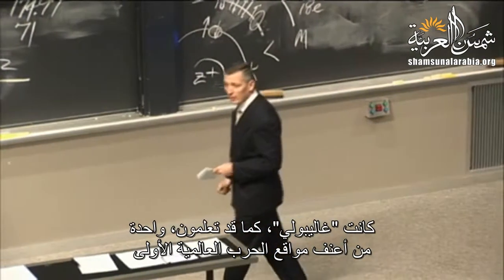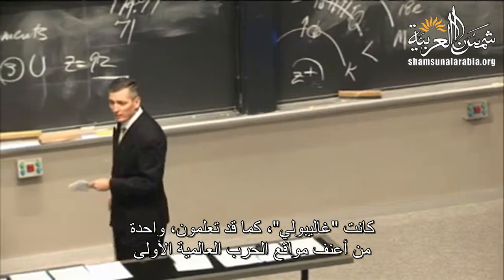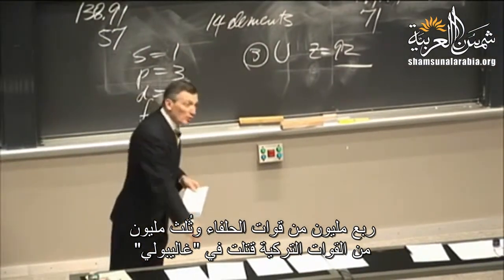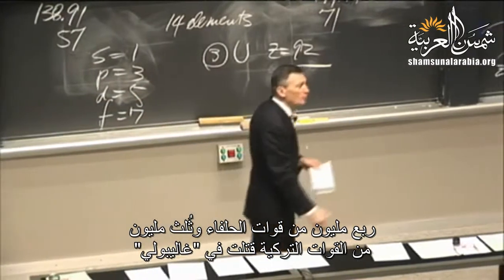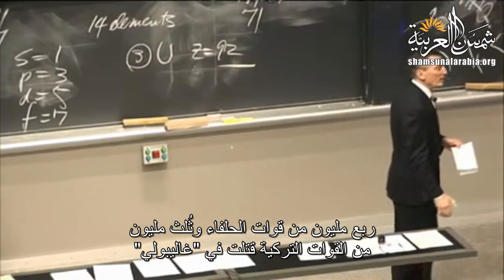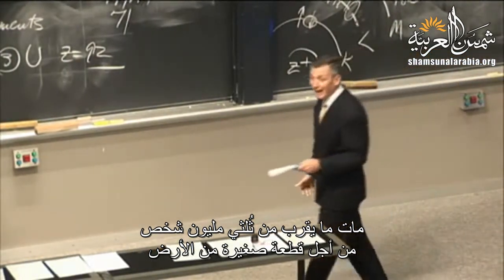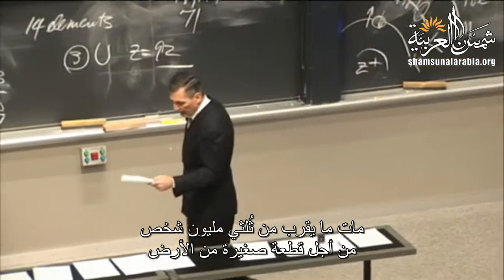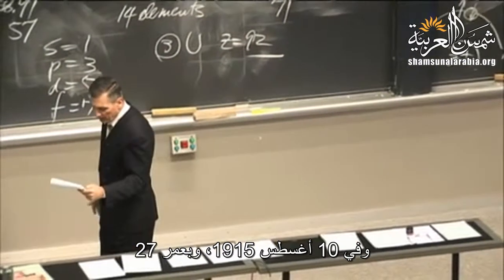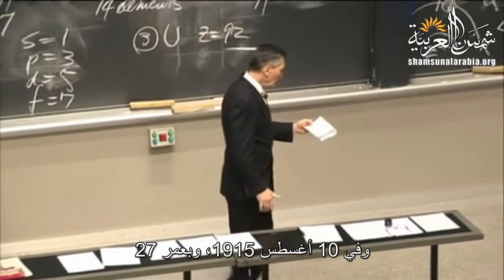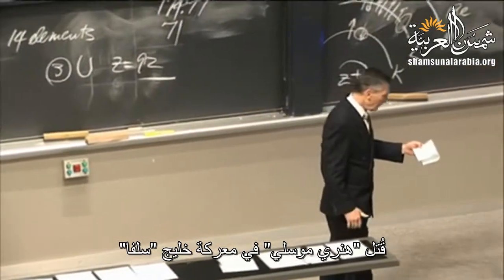Gallipoli, as you may know, was one of the bloodiest sites of World War I. 250,000 Allied troops and 1/3 of a million Turkish troops were killed at Gallipoli. Almost 2/3 of a million people died for that little piece of land. And on August 10th, 1915, at the age of 27, Henry Moseley was killed in the Battle of Suvla Bay.